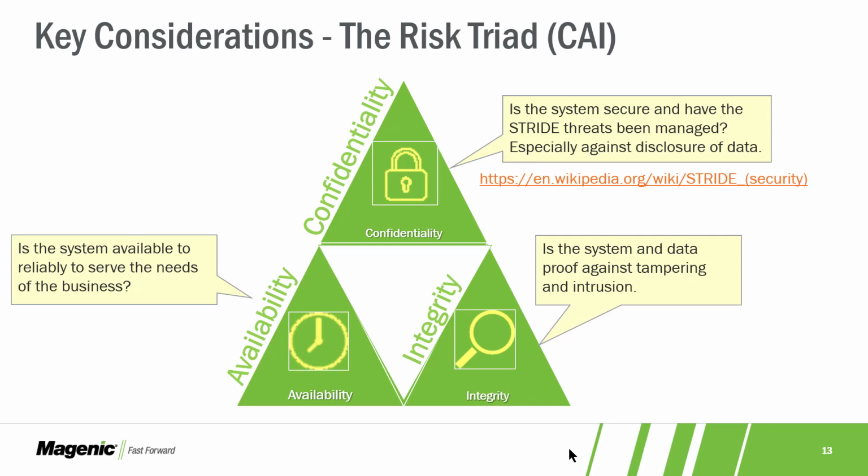And underneath each triangle is a metric ton of things that you should care about. But as a developer, if you remember confidentiality, availability, and integrity as you code, as you design, as you architect, you've got a pretty good chance of delivering systems that have reasonable security.